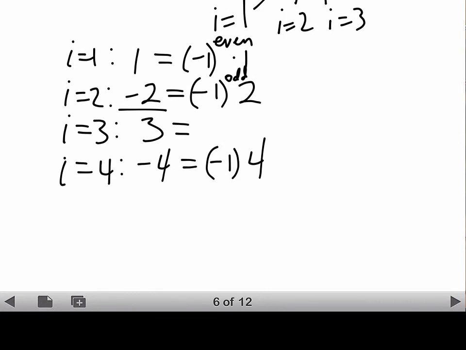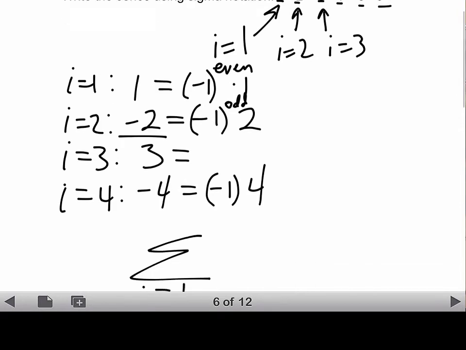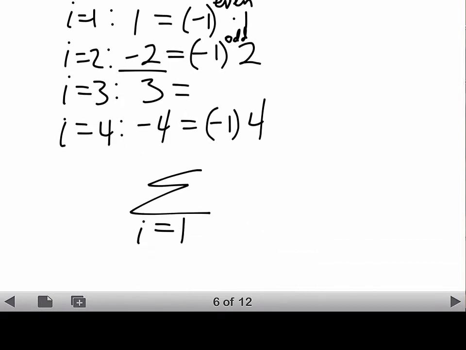Recognizing this, I can write sigma, sum, i equals 1 underneath. You can see that we have 6 terms, and so if i starts at 1, it's going to end at 6. i, as an argument, is what's going to give us 1, 2, 3, 4, 5, and 6, but we need to have a negative 1 running around, right?